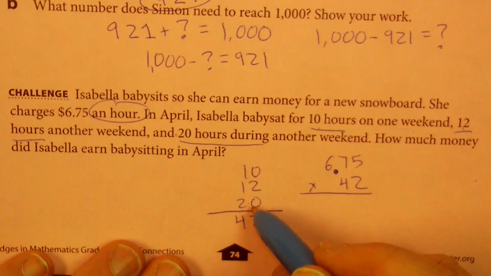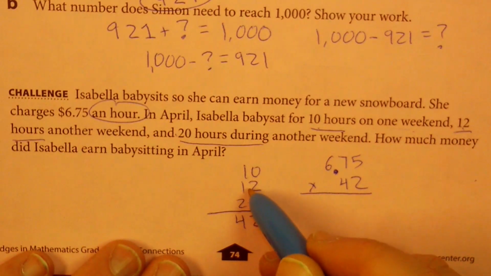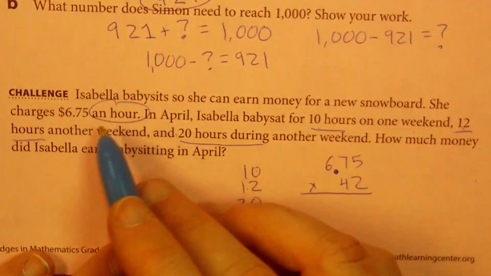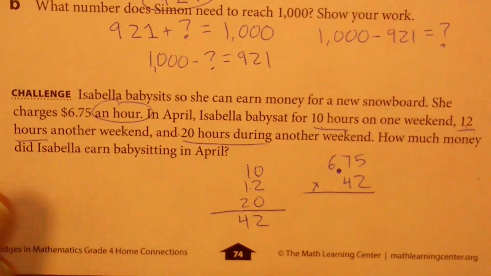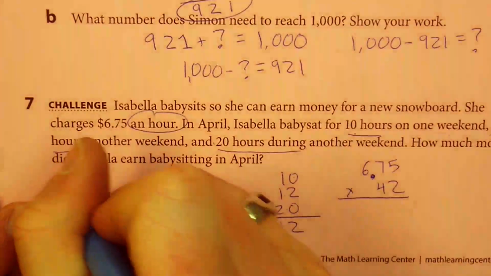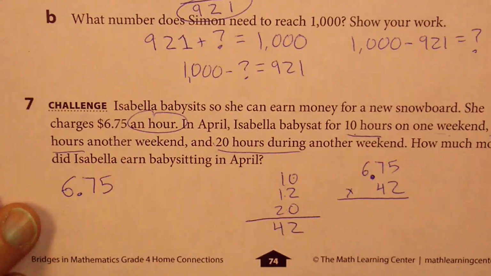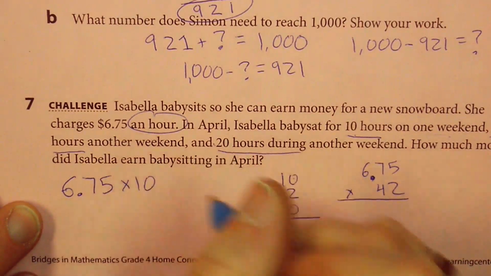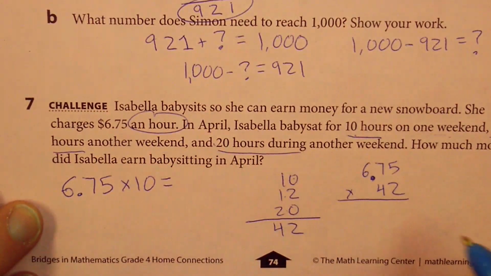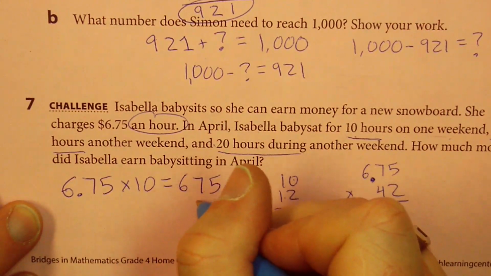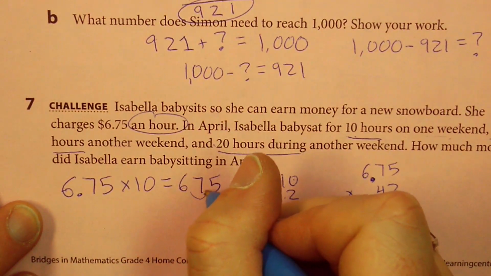20 is made up of 2 tens. 12 has a 10 in it, and 10 is 10. If I take any number times 10, I move the decimal over one place. So if I have 6.75 hundredths, and I take it times 10, the answer is 675, but the decimal moves over one place.